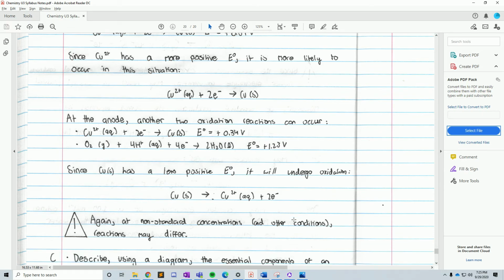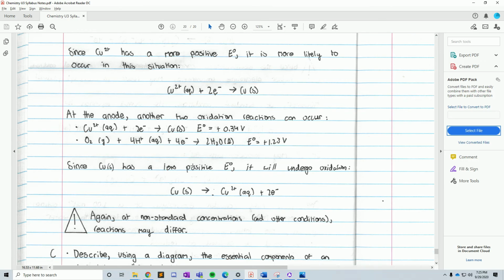Beautiful. The only other nuance to consider is combining these two equations, and so that would be Cu2+ aqueous plus Cu solid goes to Cu solid plus Cu2+ aqueous, but it doesn't really make sense in this situation. It will, however, make sense with hydrogen fuel cells.